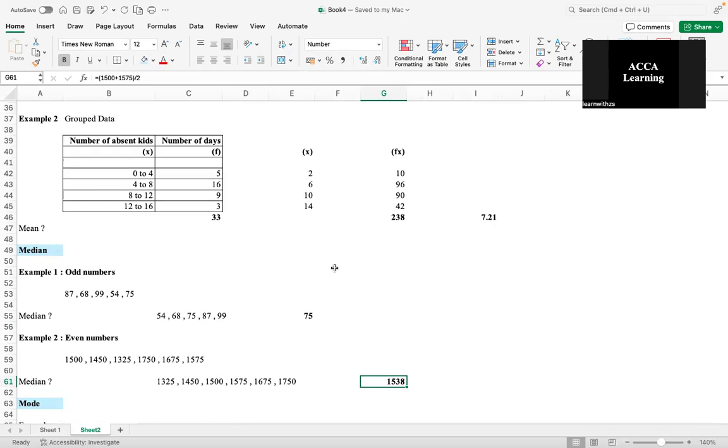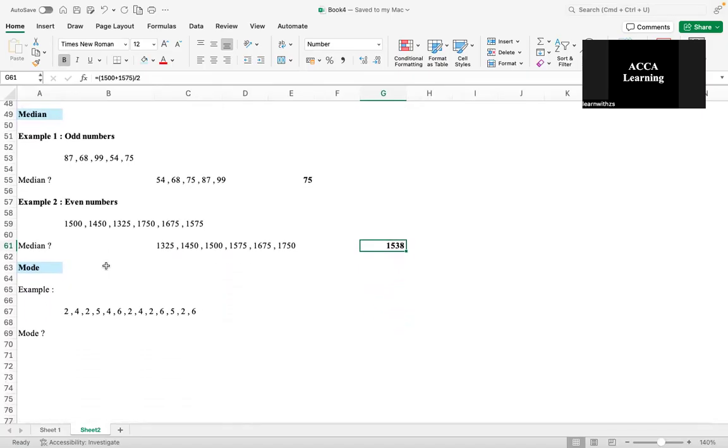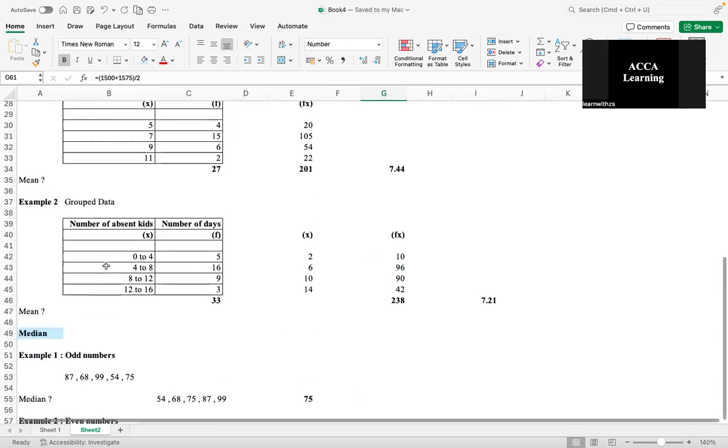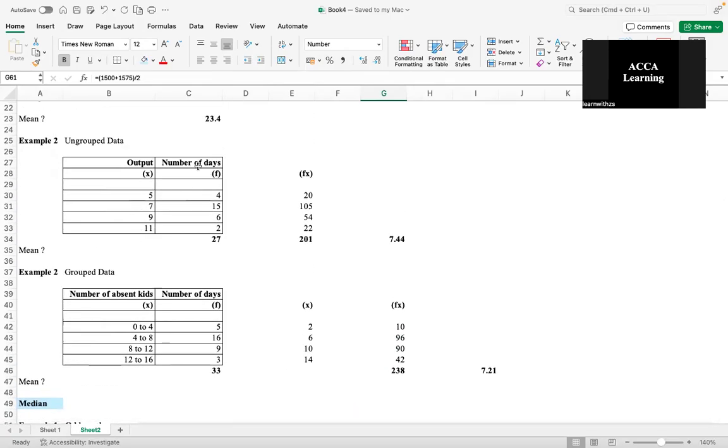Okay. Now, talking about what mode is as a concept. Mode is also a measure of central tendency that represents the most frequently occurring value in a set. As I explained here, frequency means the number of days, the number of days this particular output is occurring.